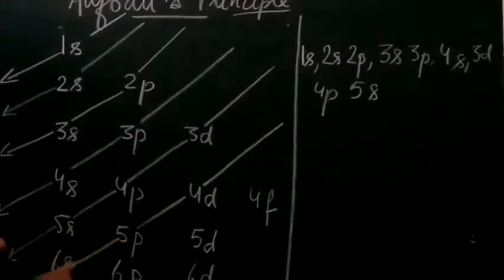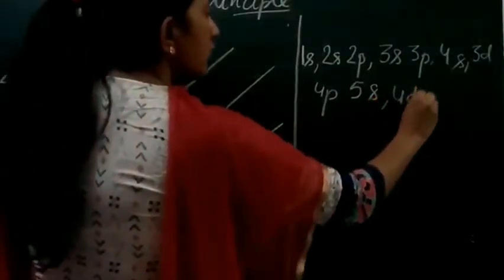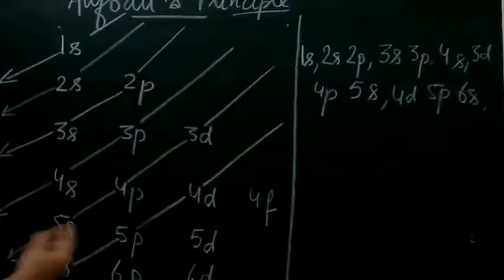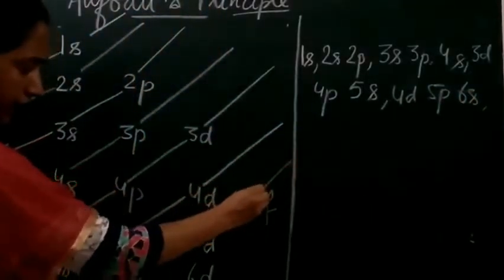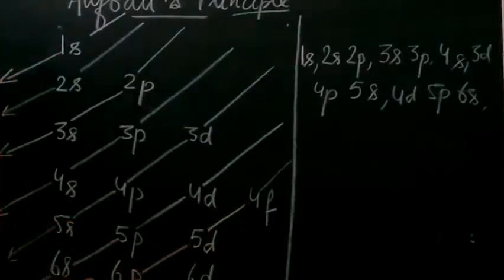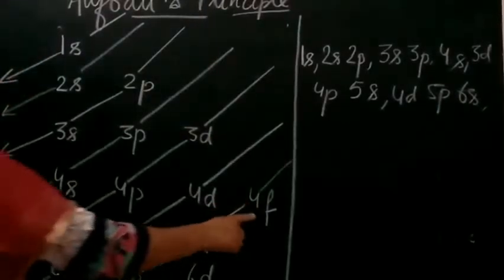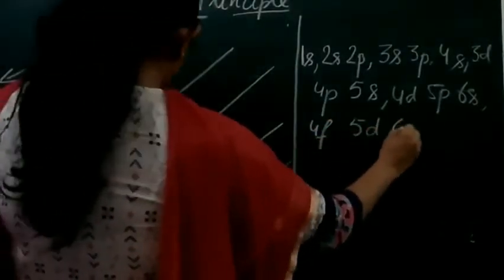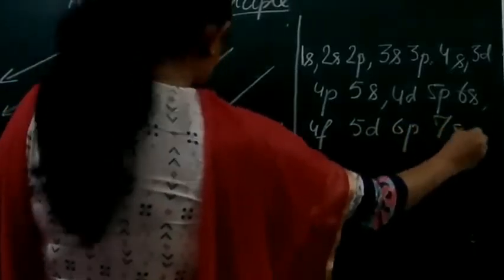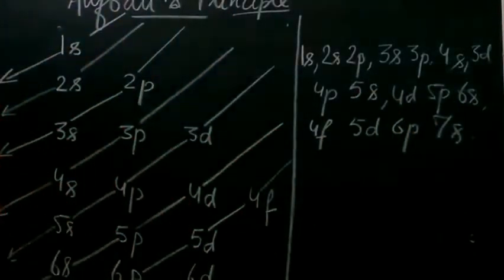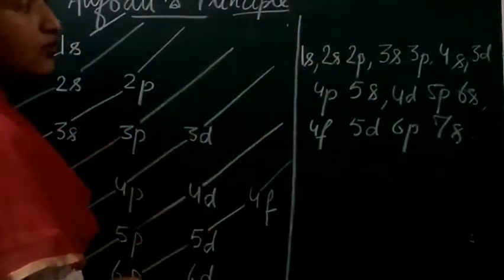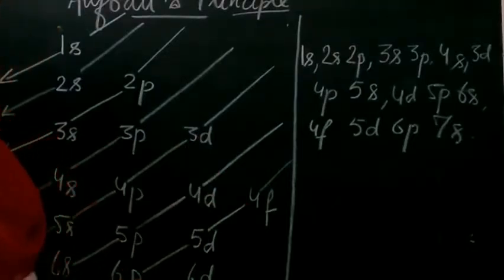And this way we will continue ahead: 4f, 5d, 6p and 7s. Right, students? So this is going to be the sequence of the filling of the atomic orbitals when the electrons are filled in an atom.